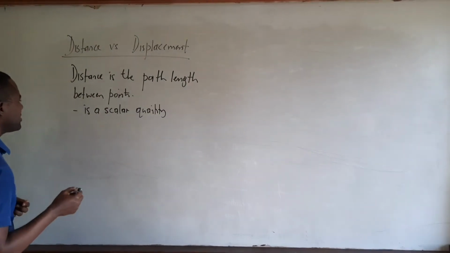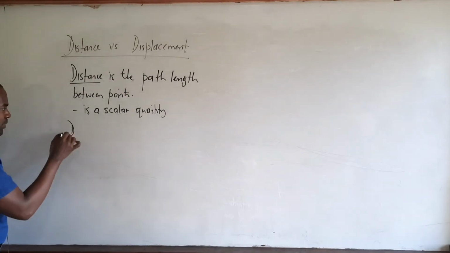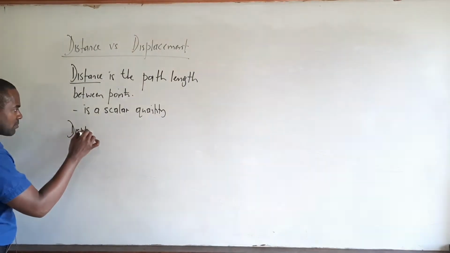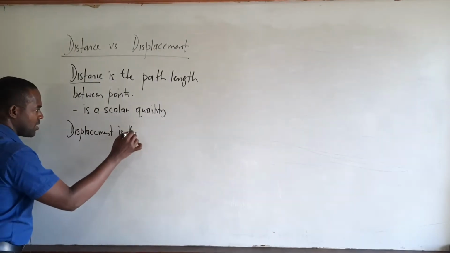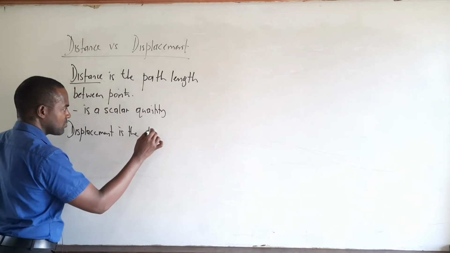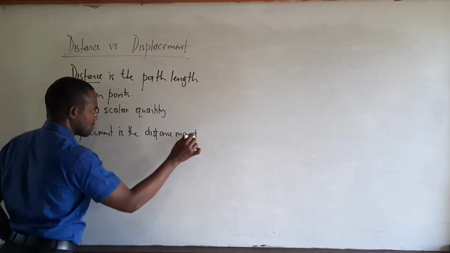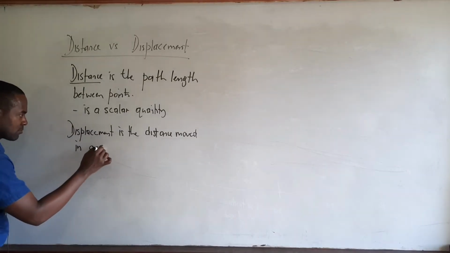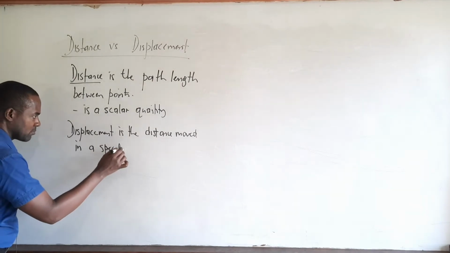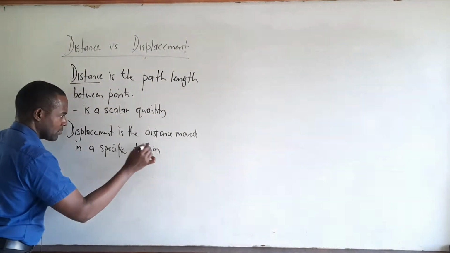Now let's talk about displacement. So this is distance. Let's talk about displacement. Displacement is the distance moved in a specific direction. Right?